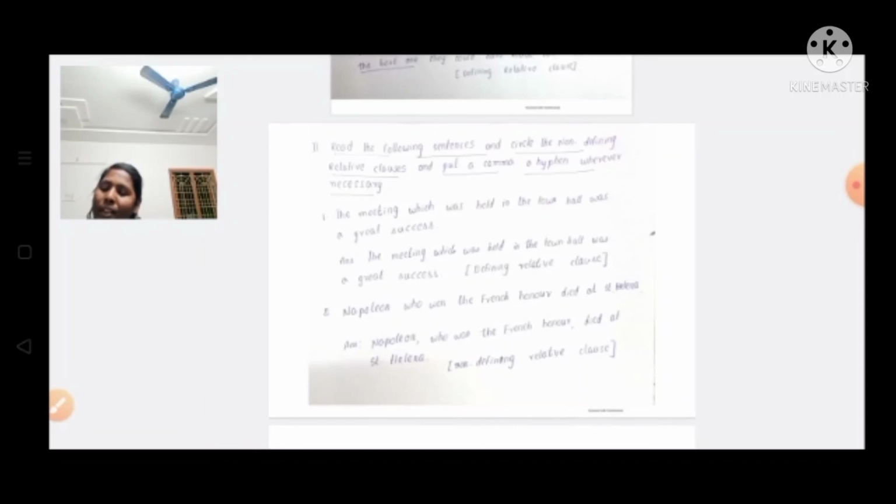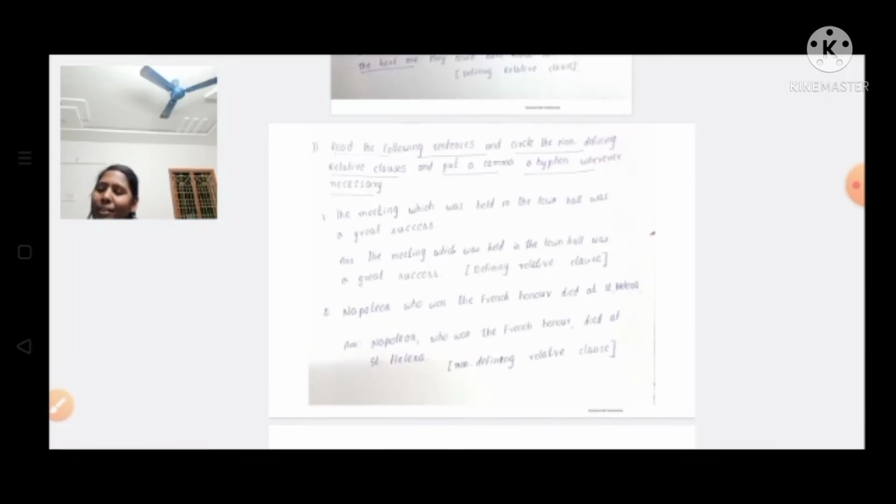First one: the meeting which was held in the town hall was a great success. Answer: the meeting which was held in the town hall was a great success. Defining relative clause.